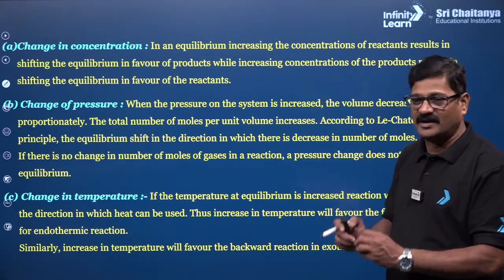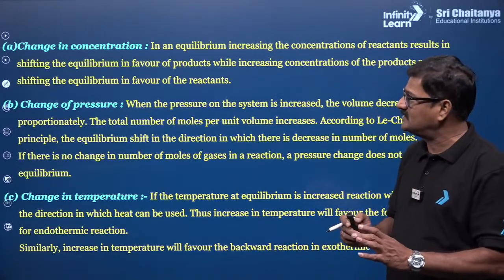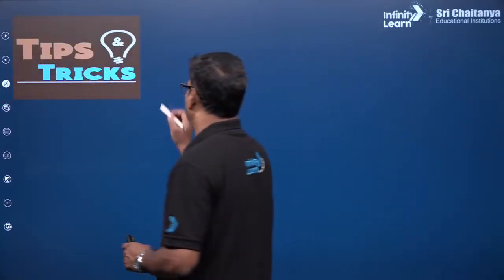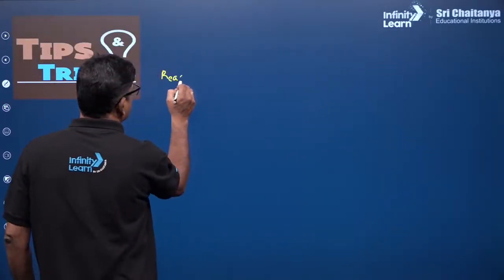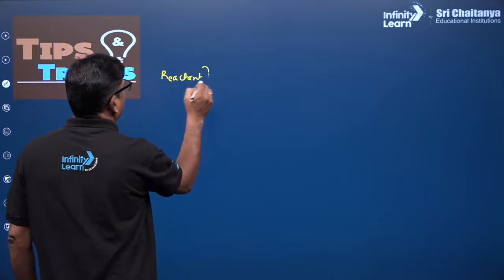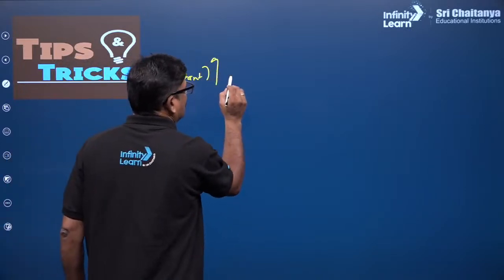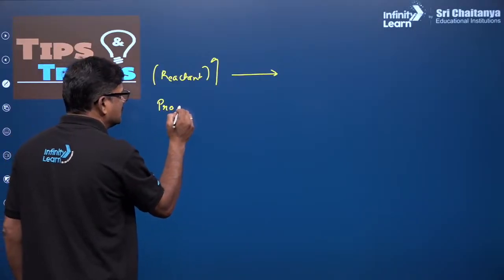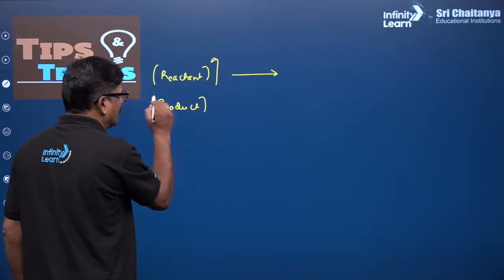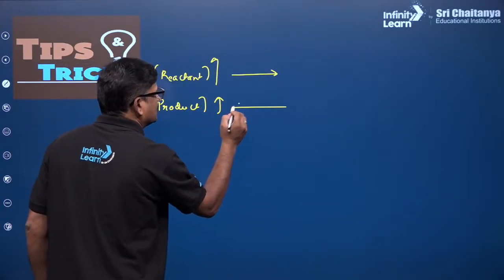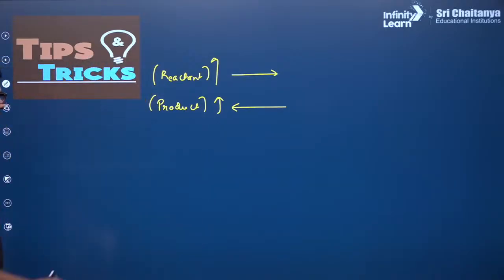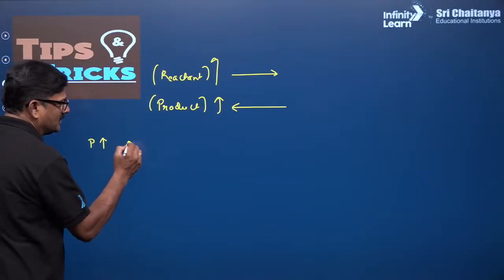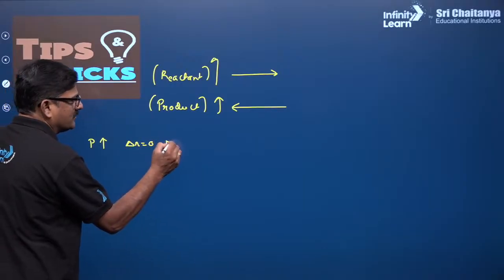And we have a trick you can use. Change in concentration: if reactant concentration increases, the reaction always goes forward. If product concentration is increased, the reaction favors backward. If pressure is increased and delta n is equal to 0, no effect.